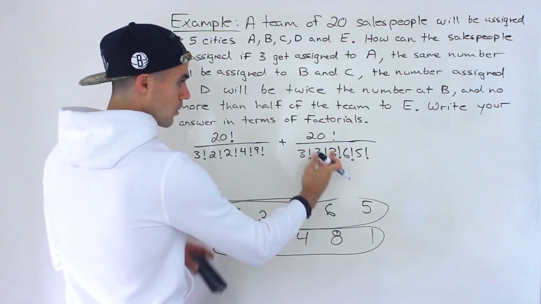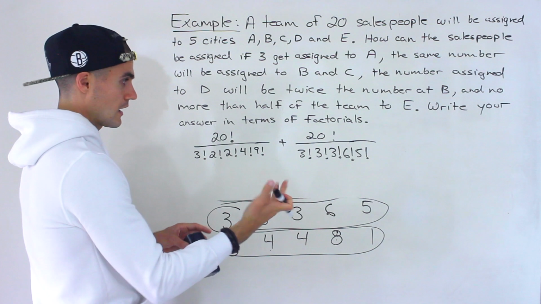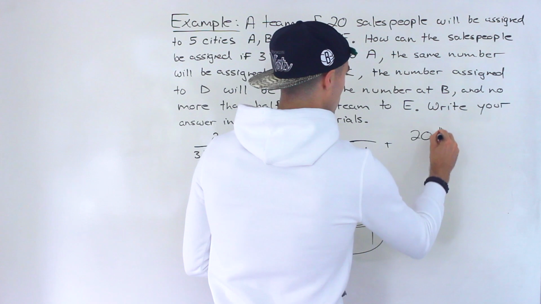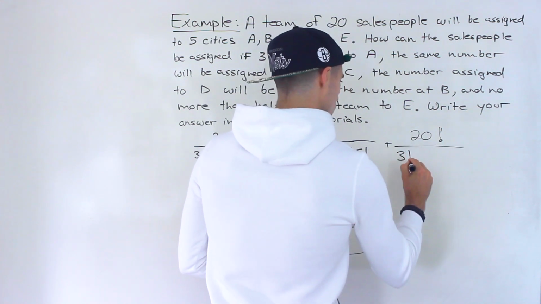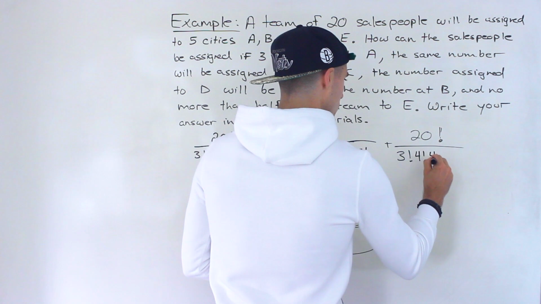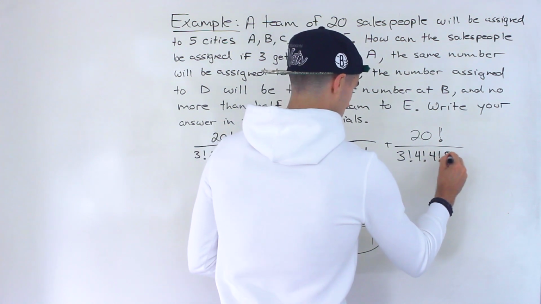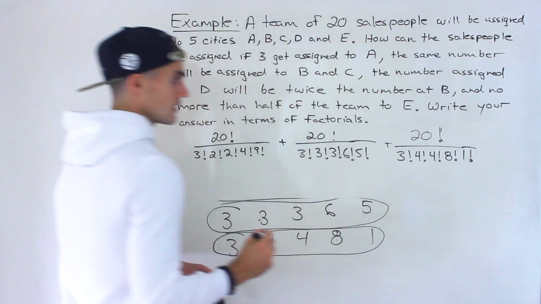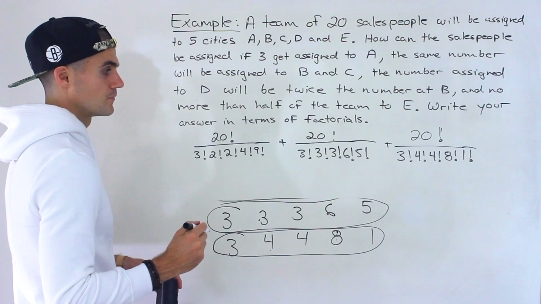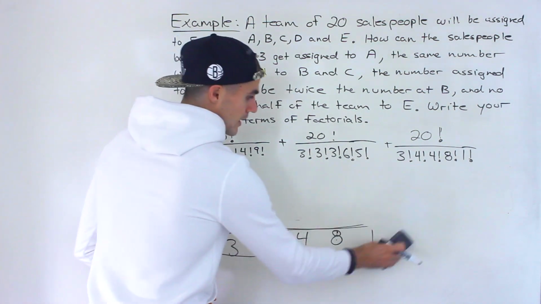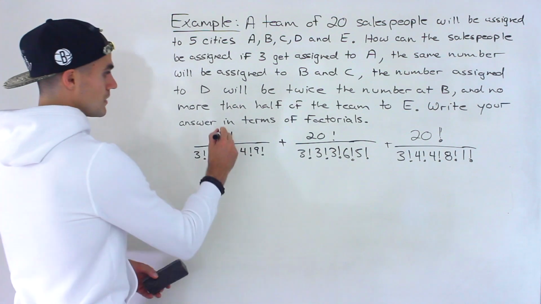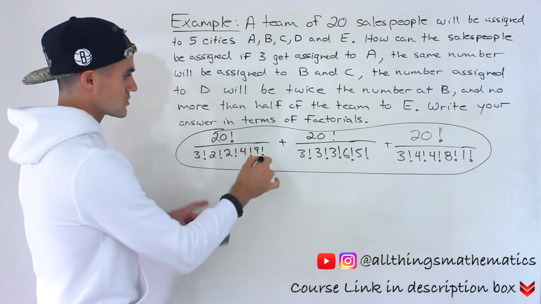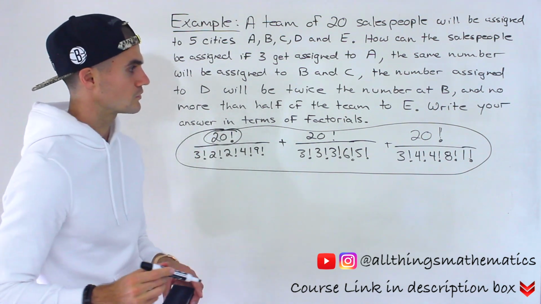Notice how all these numbers are always adding up to 20. And then the final, third case, would be 20 factorial over: 3 still go to A, 4 goes to B, 4 goes to C, 8 go to D, and there would be one salesperson left that goes to city E. Those are the only 3 cases, and so this here would be the final answer, and we're leaving it in terms of factorials because these numbers are going to be pretty big because of this 20 factorial here.